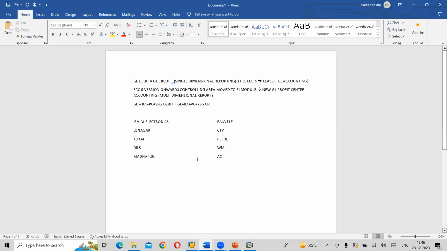So what my client wants is sometimes reports on how LB Nagar is performing. The LB Nagar branch contains all color TVs, refrigerators, washing machines, air conditioners and many more. And how Kukatpalli branch is performing, how Dilshuk Nagar branch is performing, how Madhapur is performing. Clear?